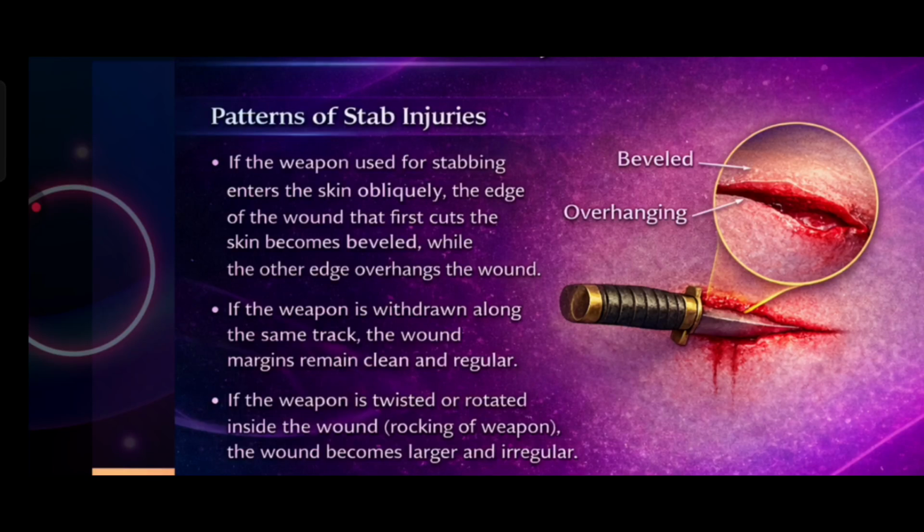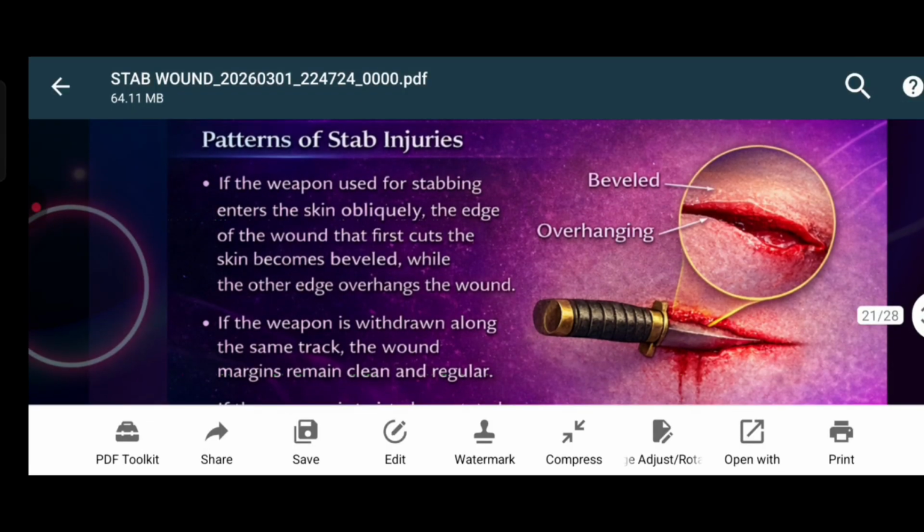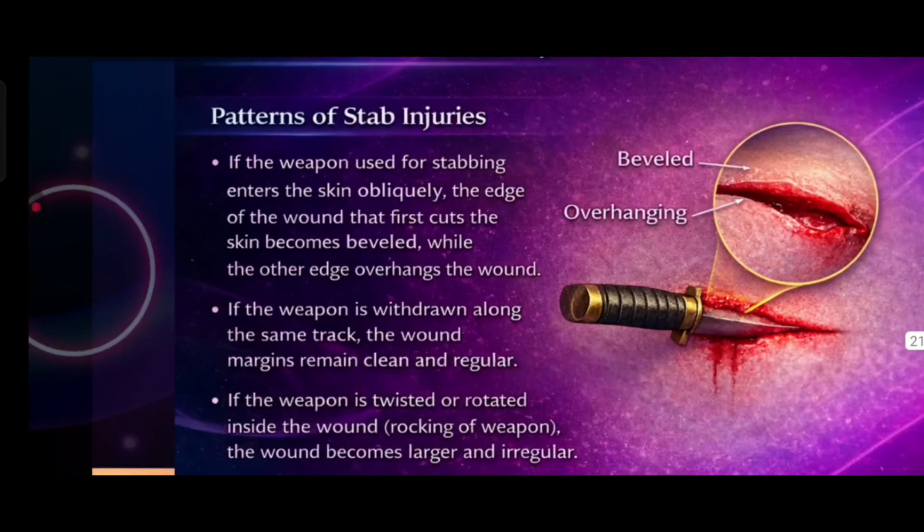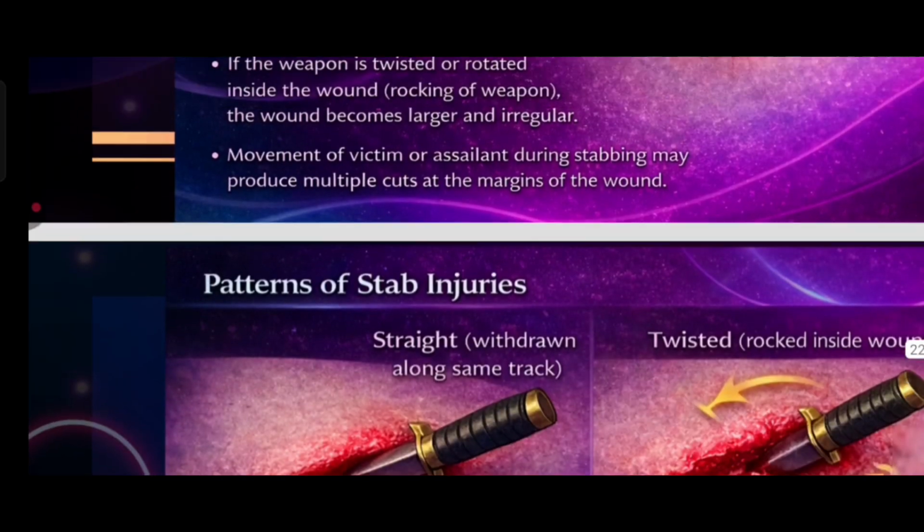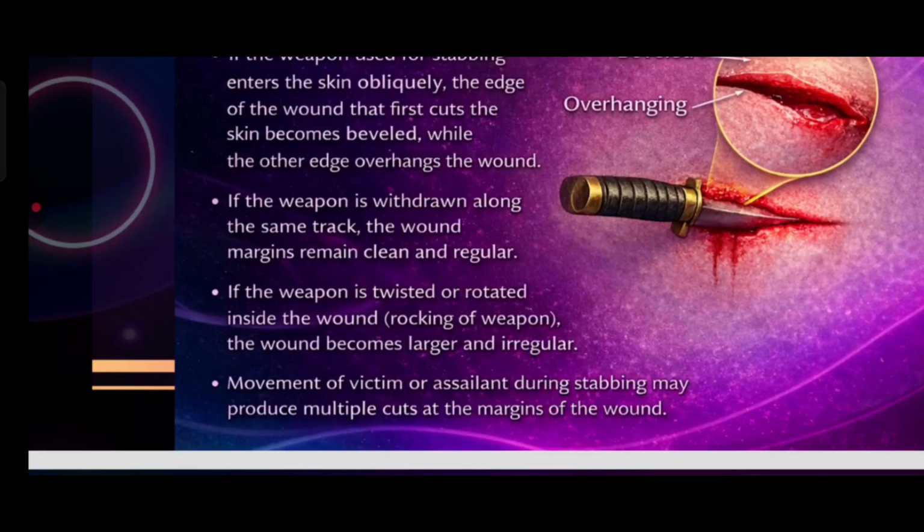If the weapon is withdrawn along the same track, the wound margins remain clean and regular. If the weapon is twisted or rotated inside, the wound becomes larger and irregular. The movement of the victim or assailant during the stabbing may produce multiple cuts at the margin of the wound.